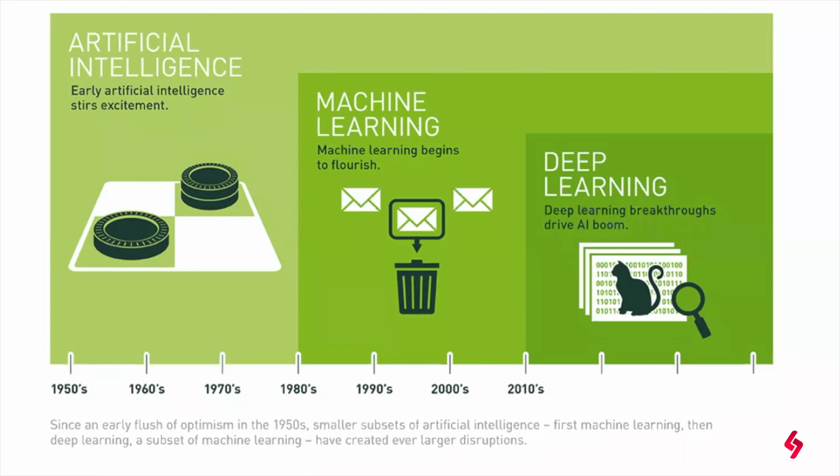Does anybody have any questions here? Okay, so this is how the evolution went. You can see artificial intelligence is excitement, machine learning begins to flourish, and deep learning breaks through to drive AI algorithms, the AI boom or something like this.